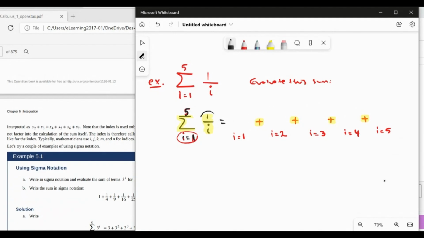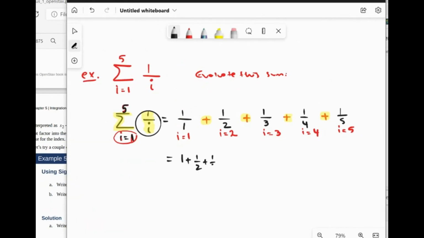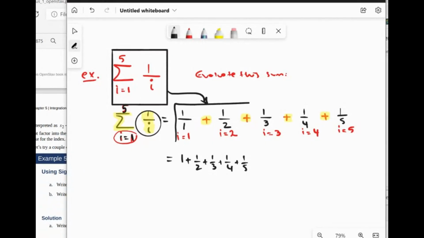The expression we will be plugging in numbers from 1 to 5 is 1 over I. What does it mean? 1 over 1, 1 over 2, 1 over 3, 1 over 4, and 1 over 5. So 1 plus 1 over 2 plus 1 over 3, plus 1 over 4. You can just plug it in, get common denominators and evaluate. But this is how we write this sum openly.